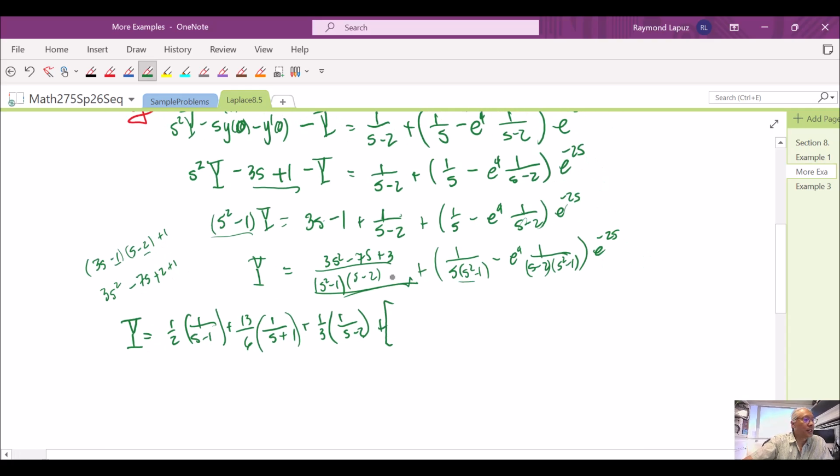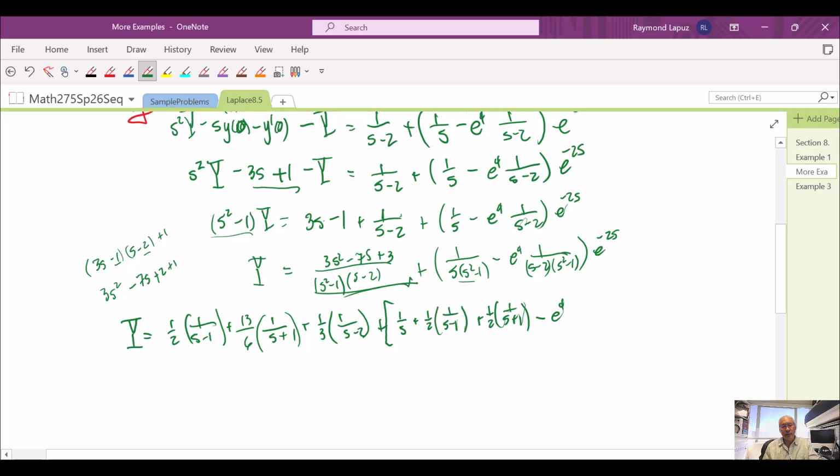This first one breaks up to 1 over s plus 1/2 times 1 over s minus 1 plus 1/2 times 1 over s plus 1. So that's the first one. And then I have e to the fourth, which is constant in the transformation.